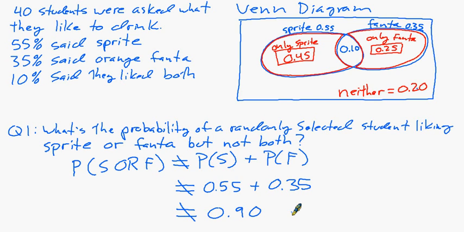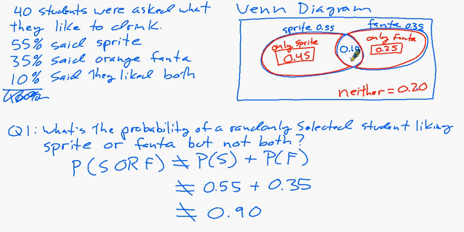And the reason why it's not is actually very similar to why when we added this up and got our 100%, that was wrong. Again, it all comes back to this intersection being counted more than once, and that throws off our totals. So that 100 isn't right, this 90 isn't right.